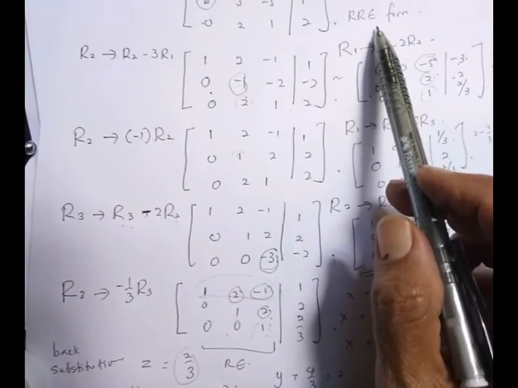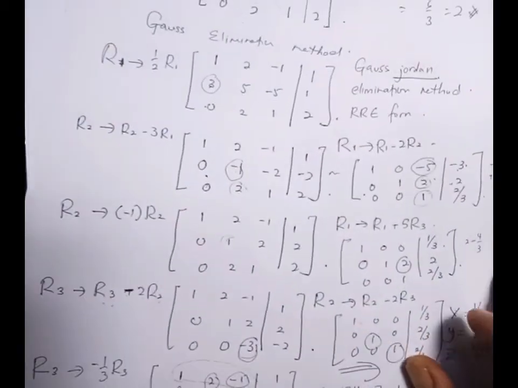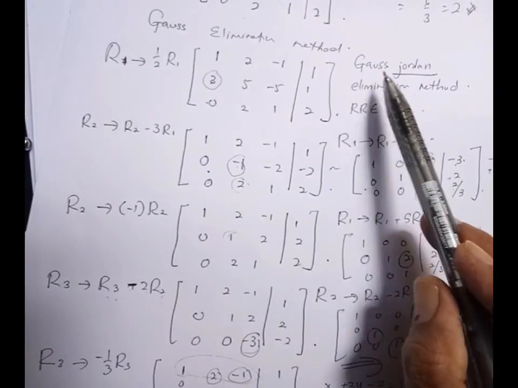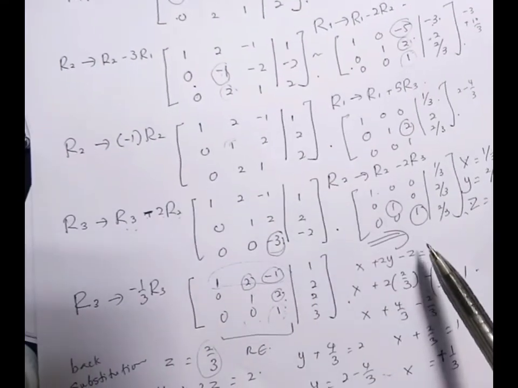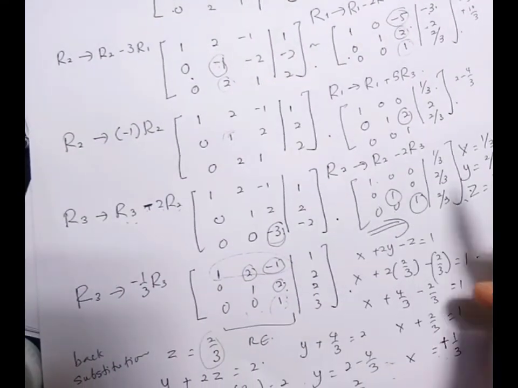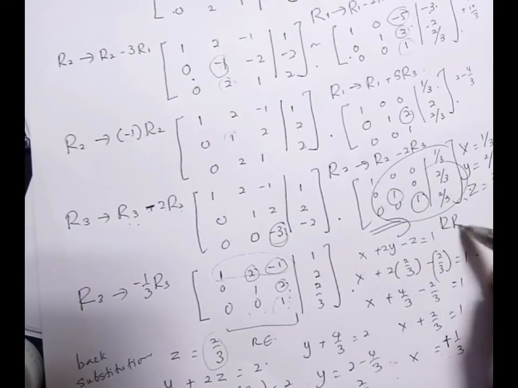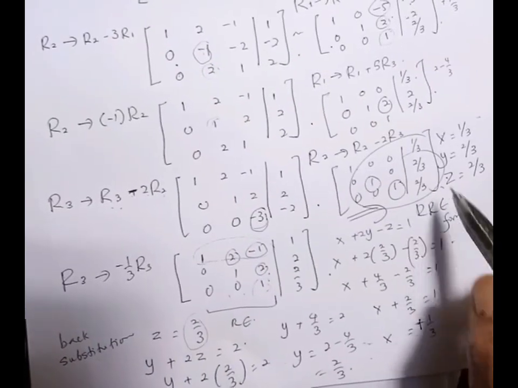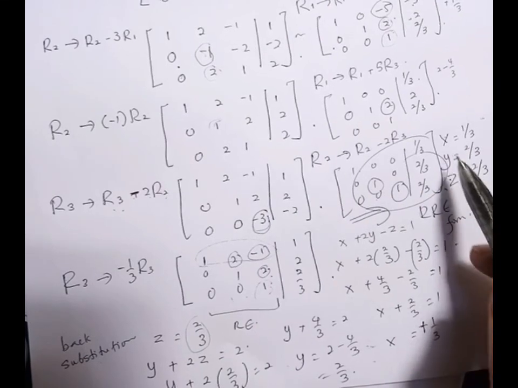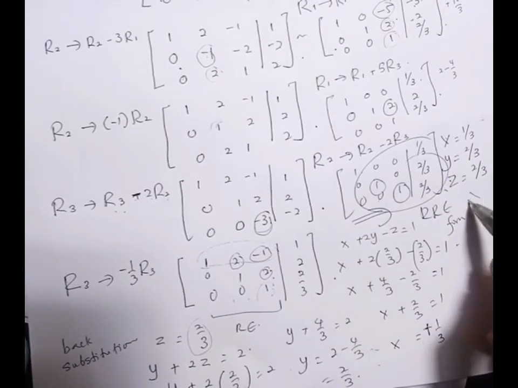But for Gauss-Jordan elimination, we reduce until RRE form and straight away obtain the answer for x, y, and z. Done.